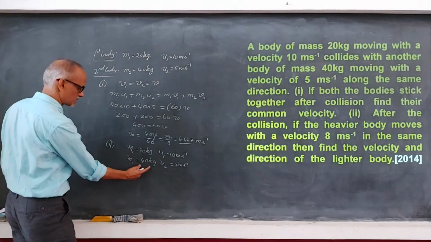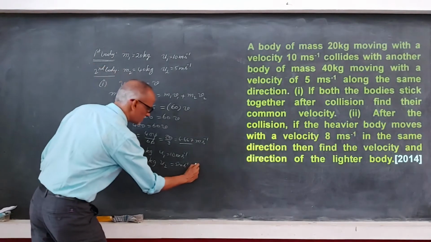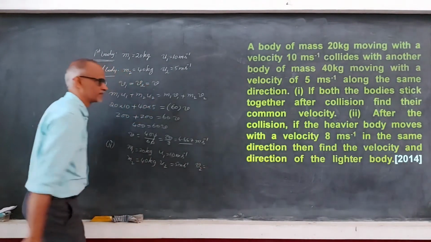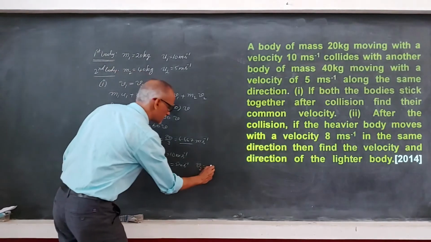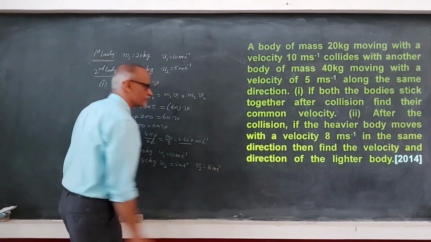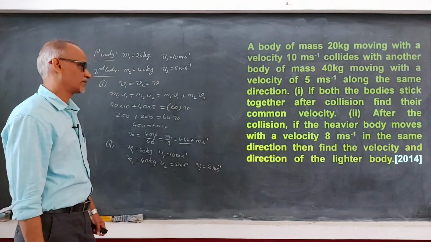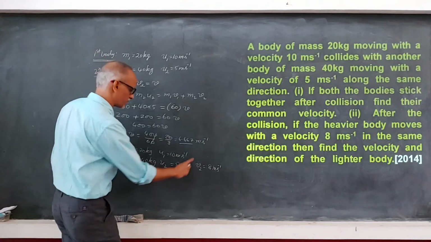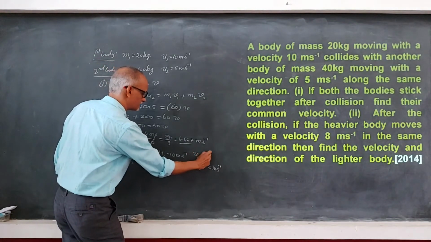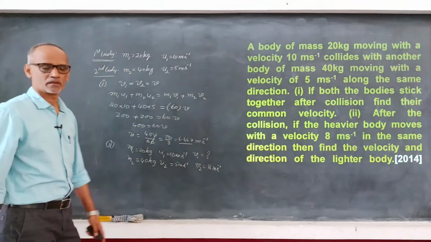Heavier is this. That velocity v2 is given, 8 meter per second in the same direction. Then find the velocity and direction of the lighter body. We have to find the value of v1.